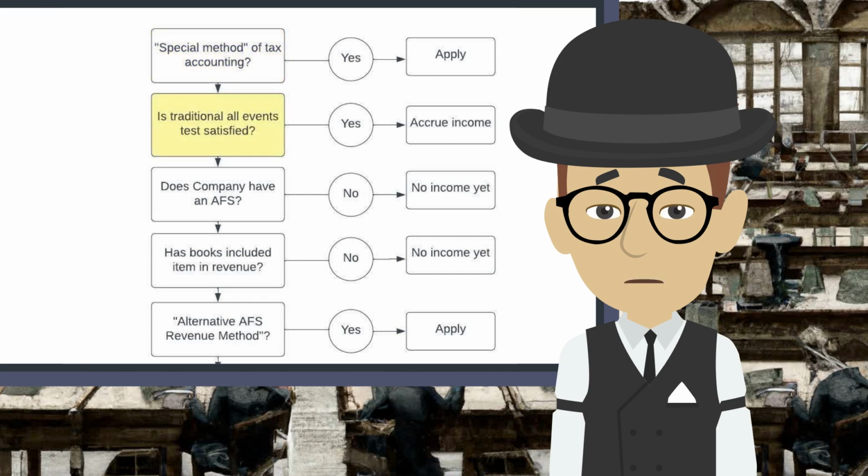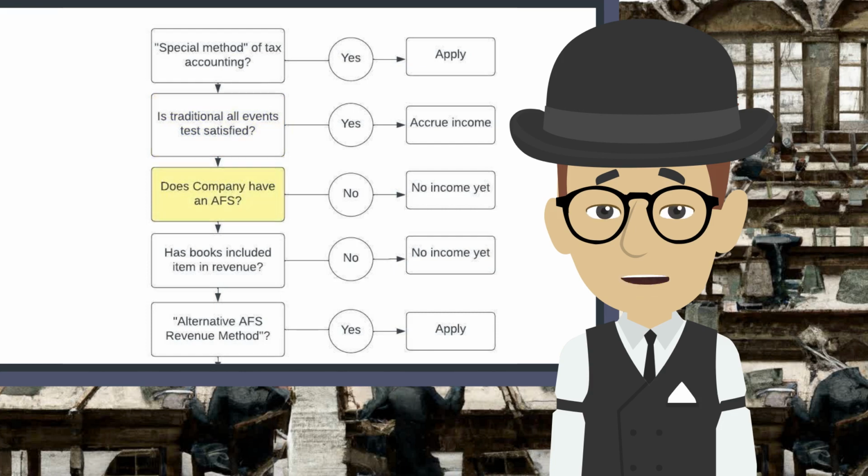Second, if it's not subject to a special method of accounting, has this particular item already satisfied the traditional all events test this year? If so, then you include it in income in whichever year it meets the all events test. And again, you don't have to worry about the book conformity requirement.